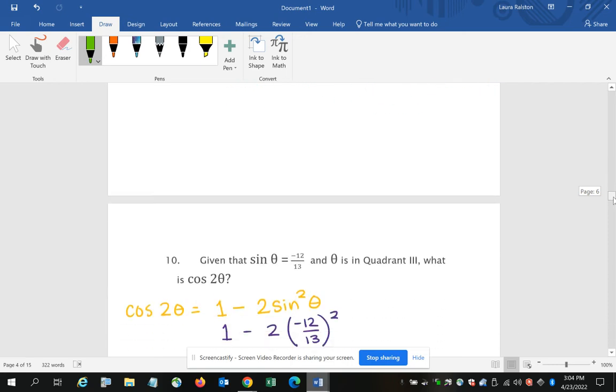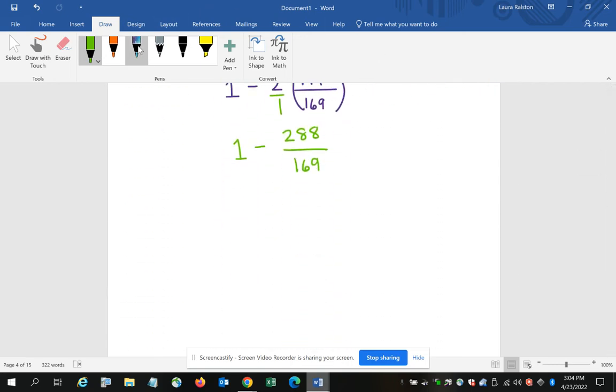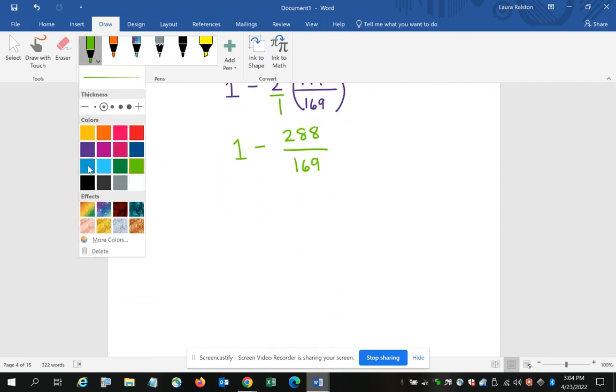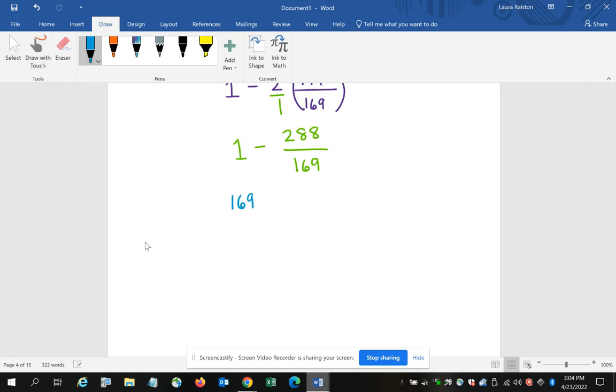Then you need to find that common denominator. So I would have 169 over 169 minus 288 over 169. You have that common denominator of 169.